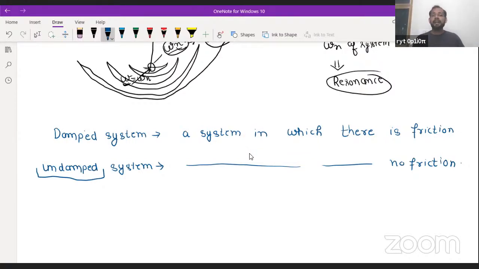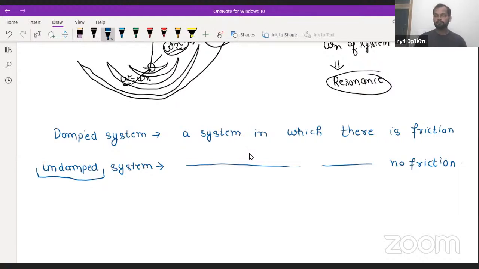So the force frequency may be anything, whatever frequency of force you apply, but there is no direct relation. But we should avoid the condition where the force frequency matches the natural frequency of the system, in order to avoid resonance.